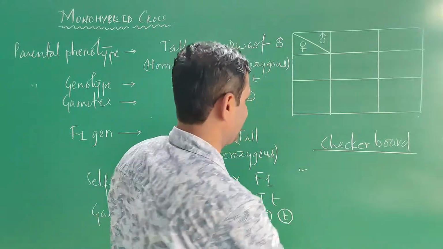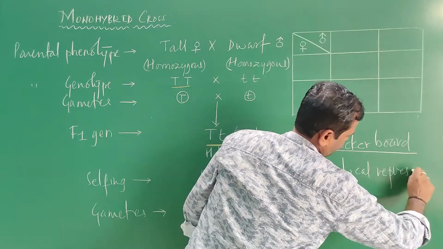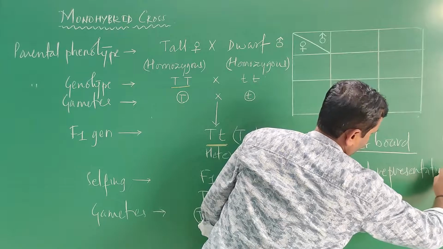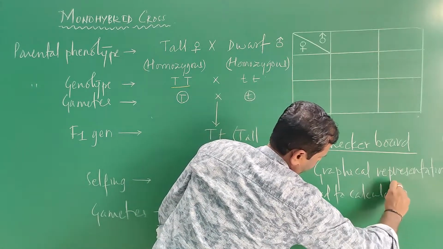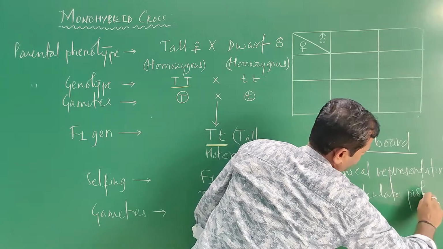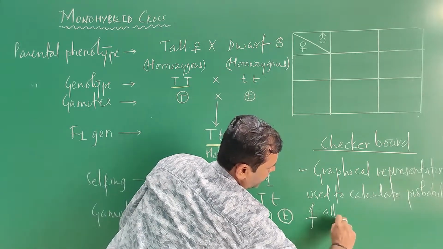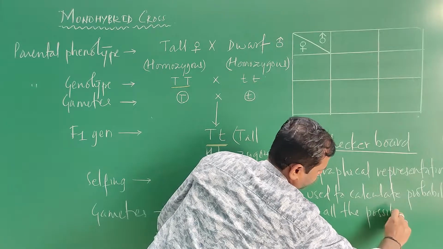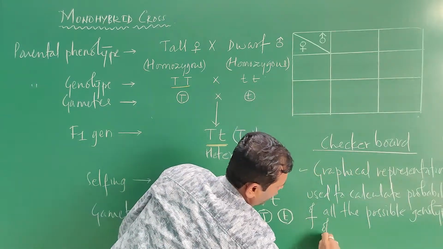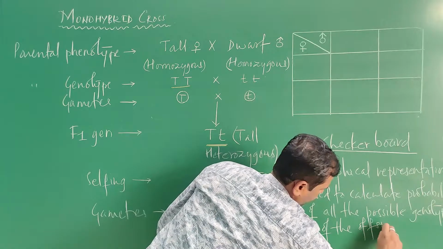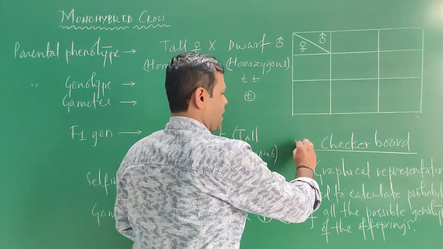Checkerboard is a graphical representation used to calculate the probability of all the possible genotypes of the offspring. So it's a graphical representation. This is asked NEET level question.